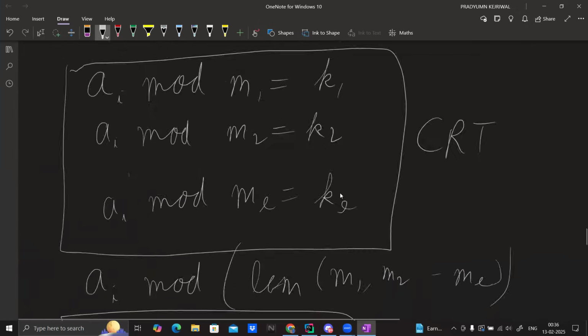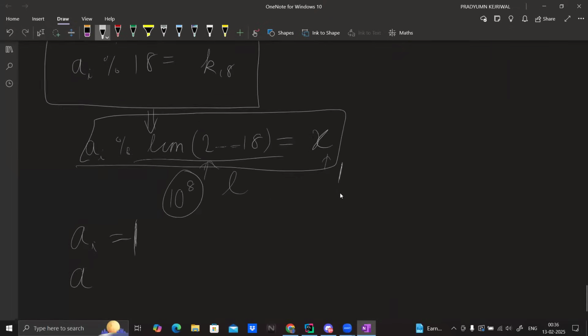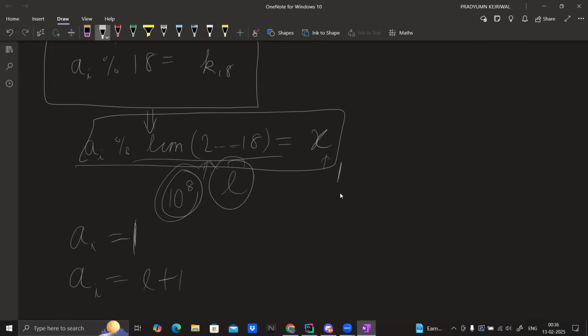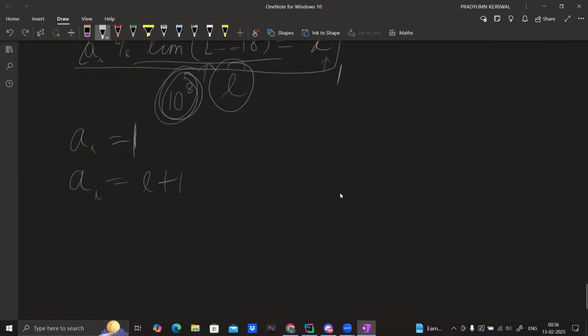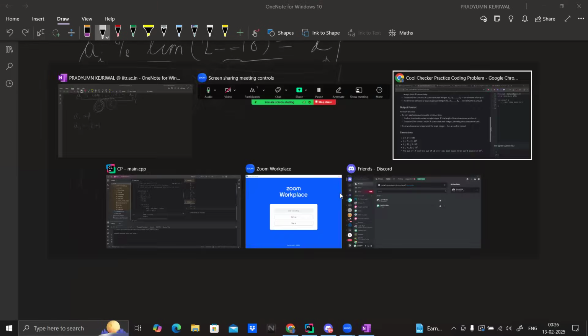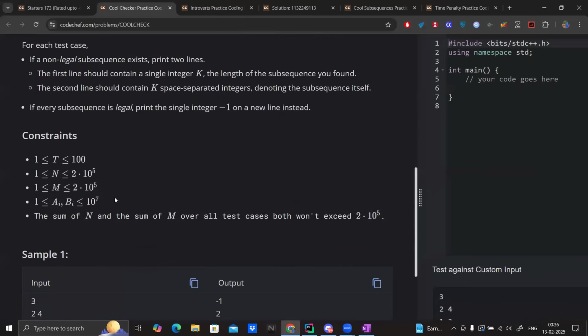So one solution is A_i equal to 1. The other solution is A_i equal to L plus 1. But this L is very large, 10 to the power 8, so L plus 1 is a pretty huge number, which is out of the limits of the problem. The constraints of this problem are up to 10 to the power 7 only.